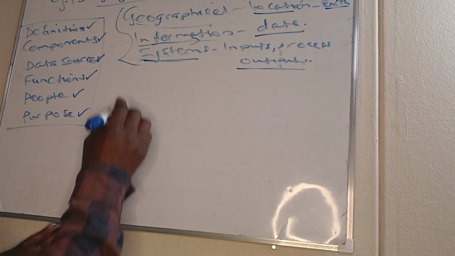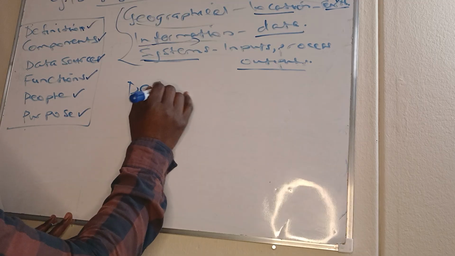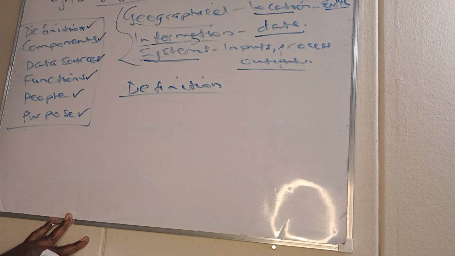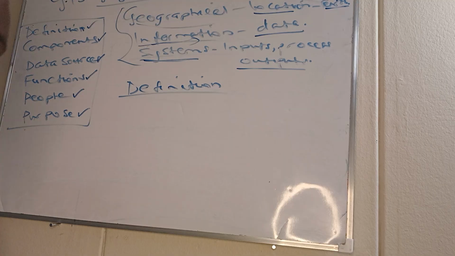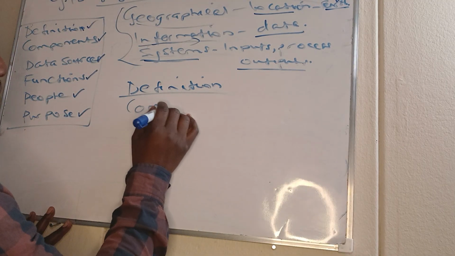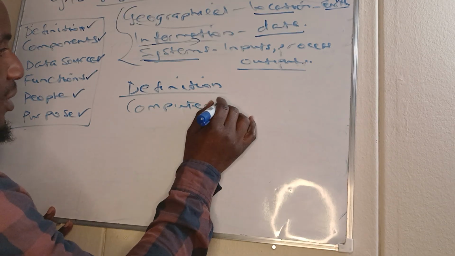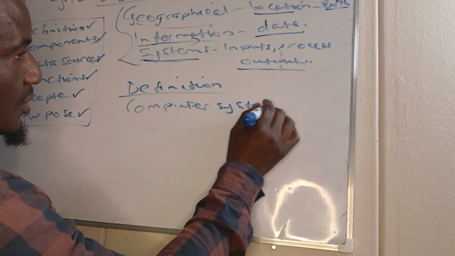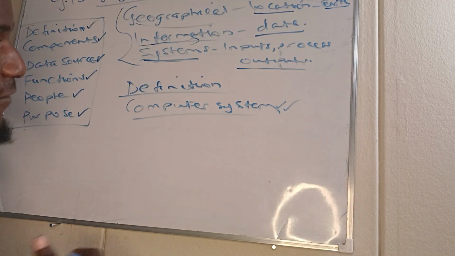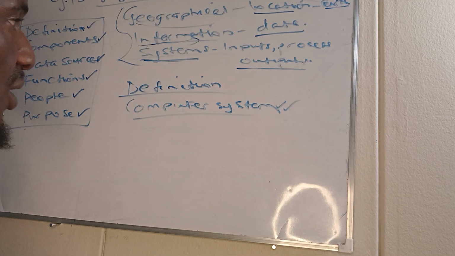So in terms of definition, I'll try to simplify it so that it's easy to comprehend. The first thing that you should know when it comes to the definition of GIS is that it is a computer system. That is the first part that you should include in your definition. What is it used for?